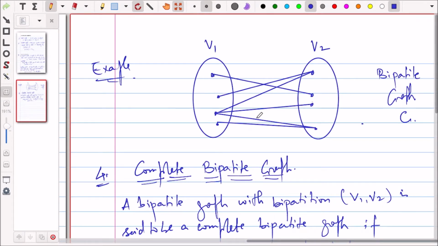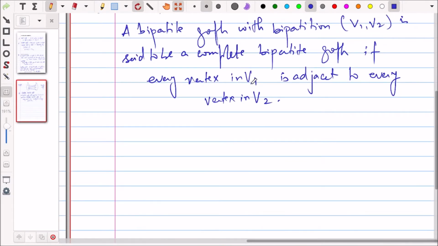So there are some vertices which are not adjacent, but here in this every vertex in V1 should be adjacent to every vertex of V2, right? तो उसे complete bipartite कह देंगे.